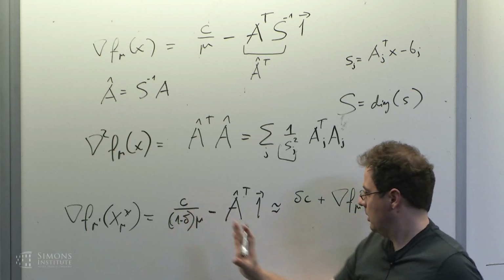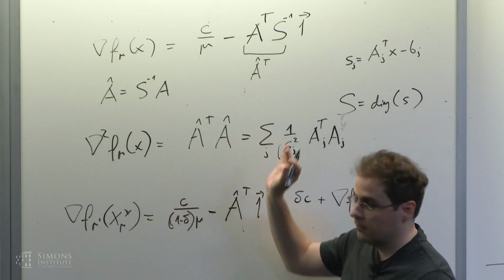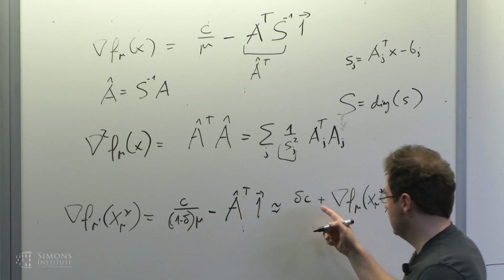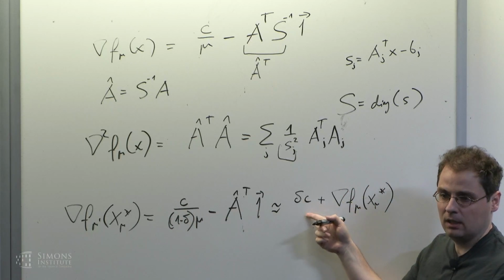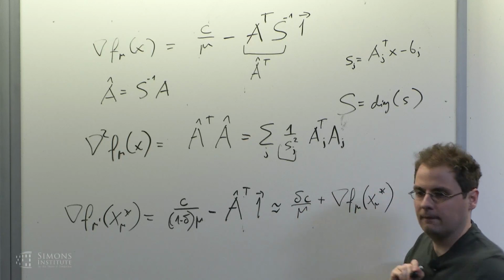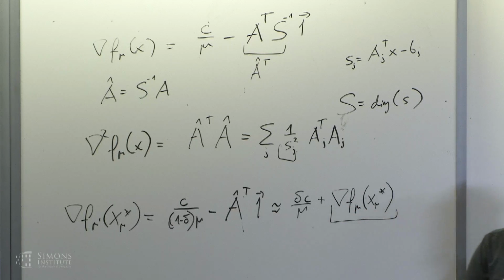Because if I had c over mu here, that would be exactly the gradient of the function f mu at this point, and then I have one minus delta. So this gives me a term that is roughly behaving like delta C over mu. Yes, of course. Thank you. But now the question is, what is that?